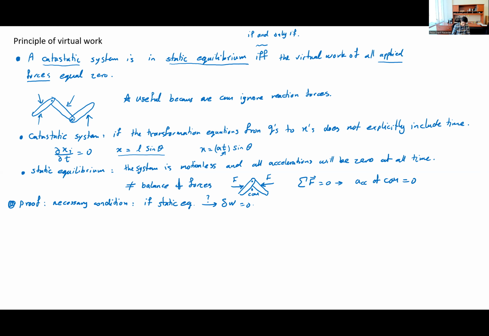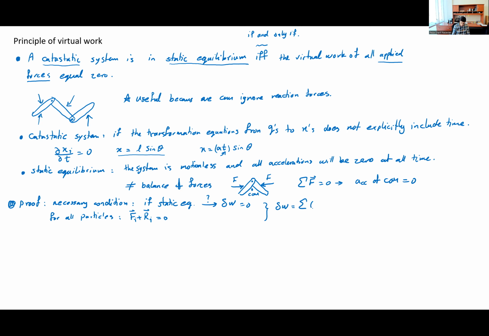We know we have a static equilibrium. That means for all particles, F plus R, that is all forces acting on that particle, including the applied forces and the reaction forces, is 0. From here, I can calculate the virtual work of all forces.